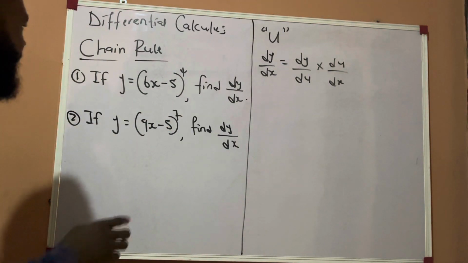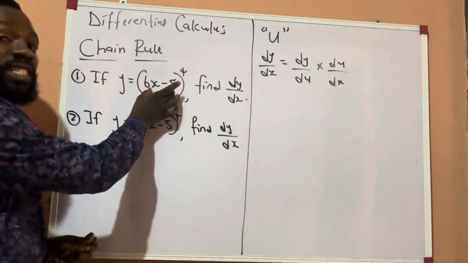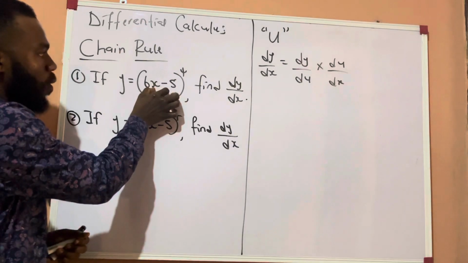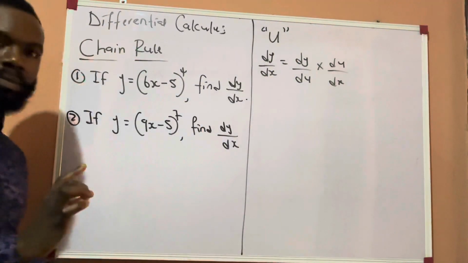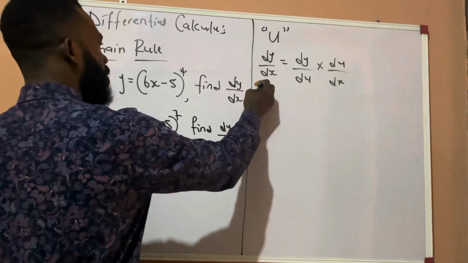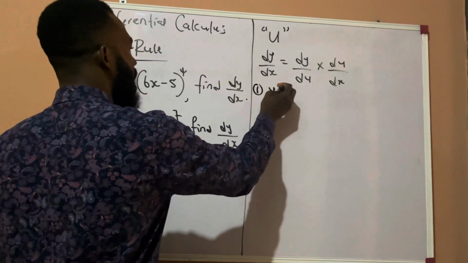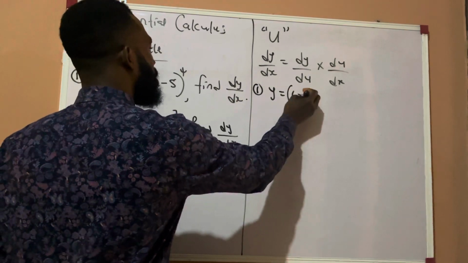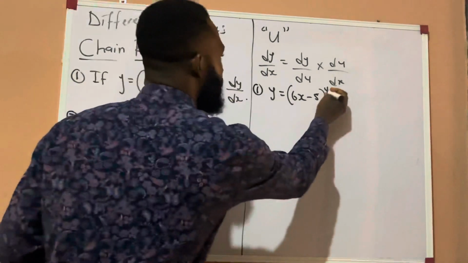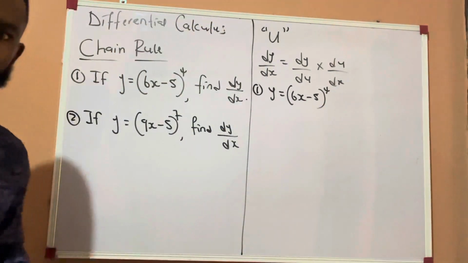First of all, in this question, the function here is 6x minus 5, one function. And this function now is referred to as u. So if we want to solve a problem like question number 1, y equals 6x minus 5 raised to the power of 4, this is how you should go about it.